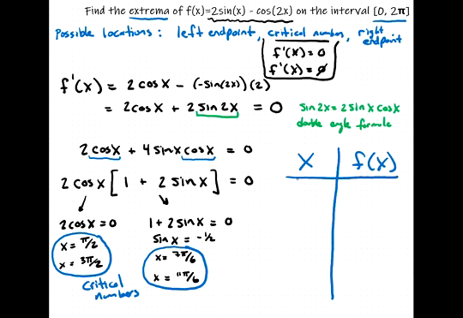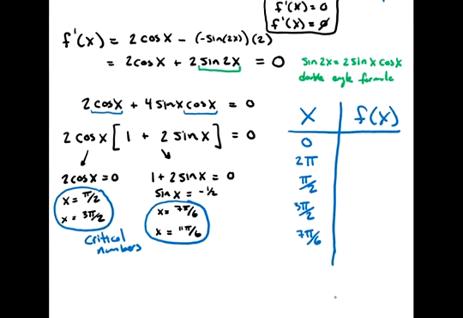Okay, so your left endpoint is 0, your right endpoint is 2 pi, and your critical numbers are pi over 2, 3 pi over 2, 7 pi over 6, and 11 pi over 6.